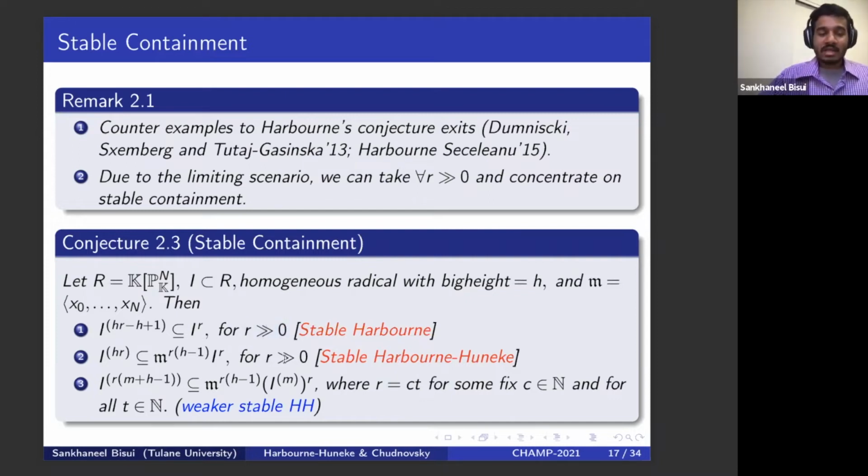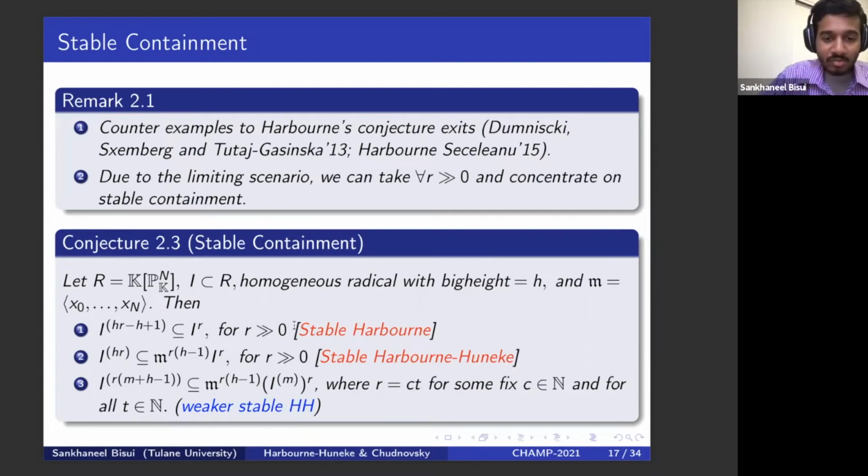Now I put statement 3 in that particular format because that format was helpful for us to get the de Mailly's bound. Of course, one expects to study this for all r big enough, but for our case we had to focus on only this particular configuration to get that bound.